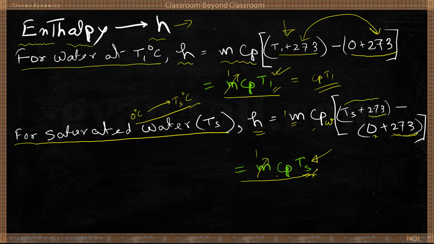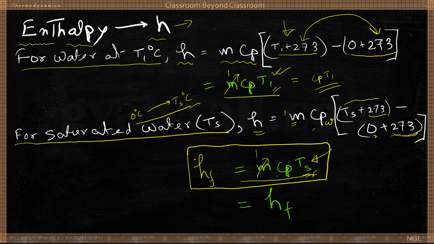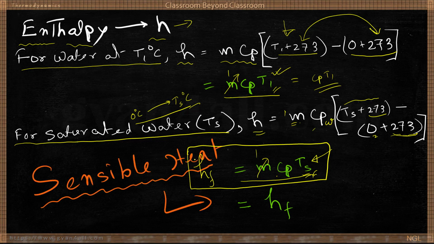Okay, this is for water, and what is this value? This is simply hf that is available in the steam table, which we call sensible heat, because it is up to the boiling point. What is hf? The sensible heat.